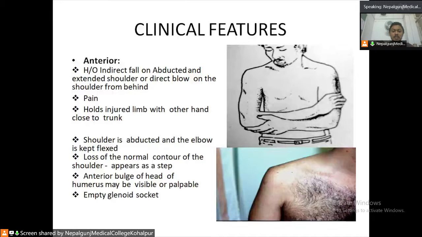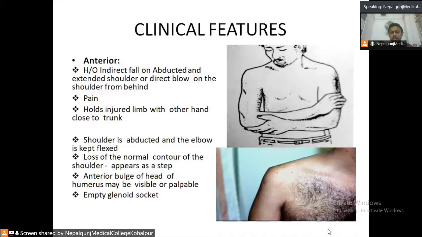If you go near the patient and examine him or her, you can see the contour of the shoulder is lost. It's more clear over here.